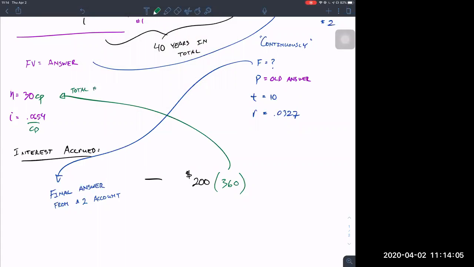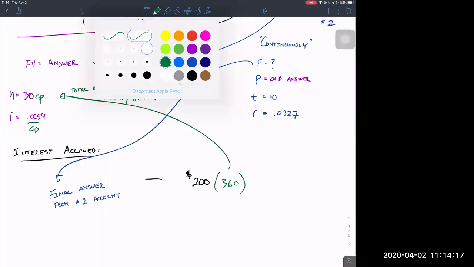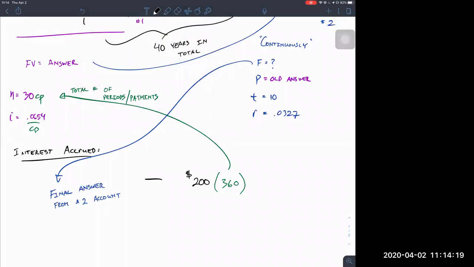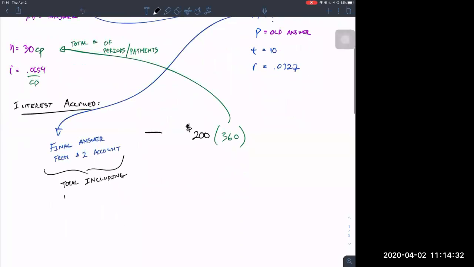of periods or payments. Remember, in slang, this is your total, including interest earned.